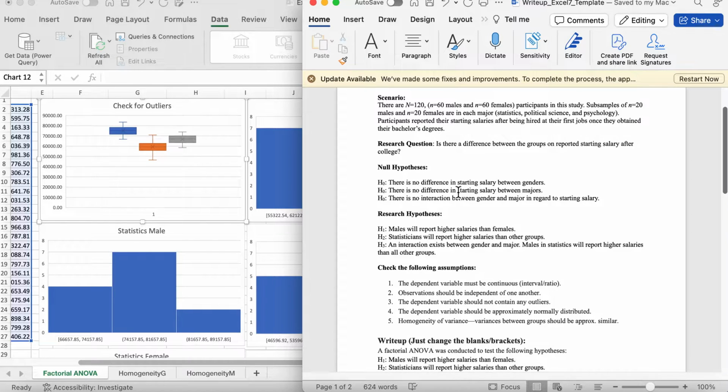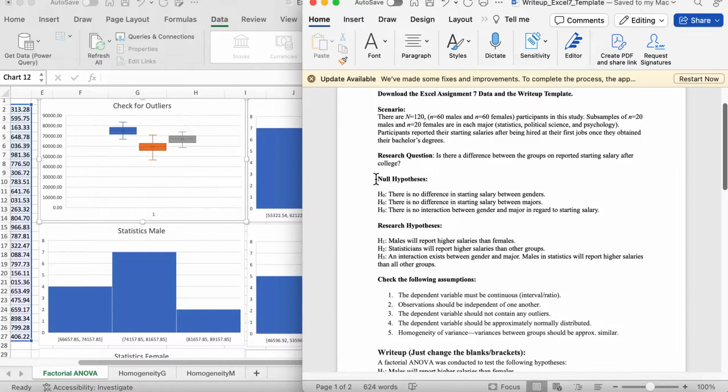I just want you to understand, because this kind of gets confusing. For the null hypothesis now, we have multiple, right? So we have the null hypothesis based on the first variable, the second variable, and then an interaction between them.